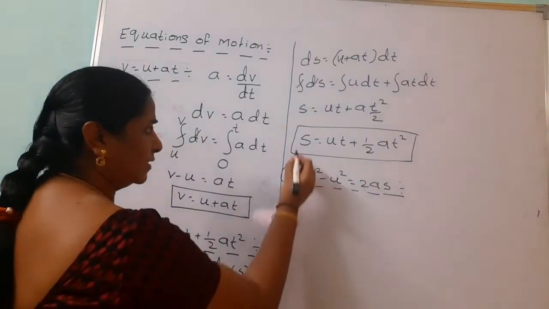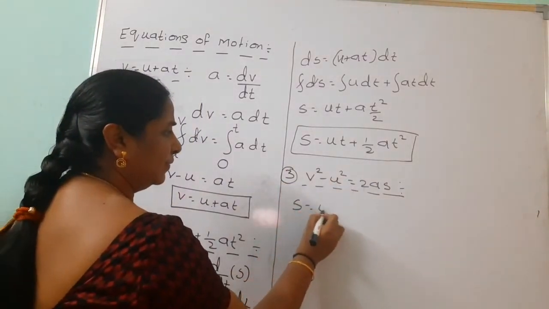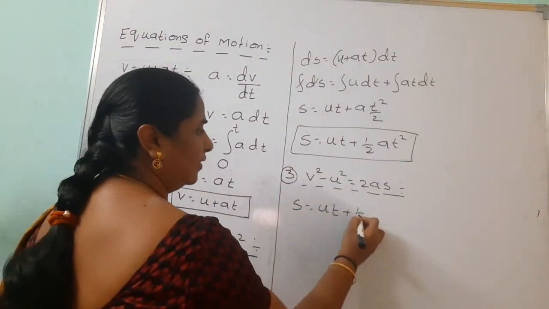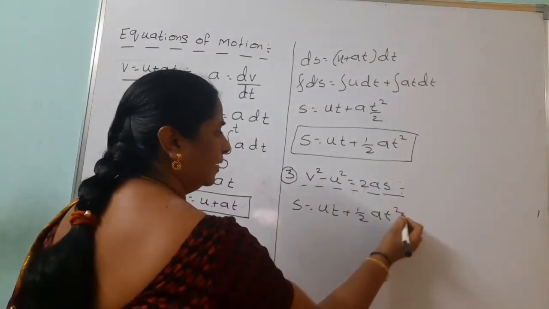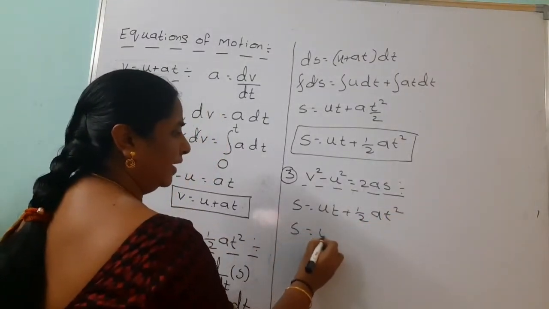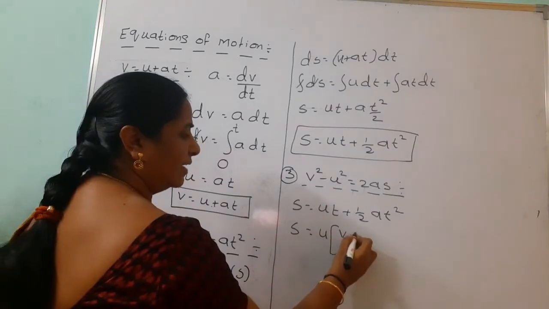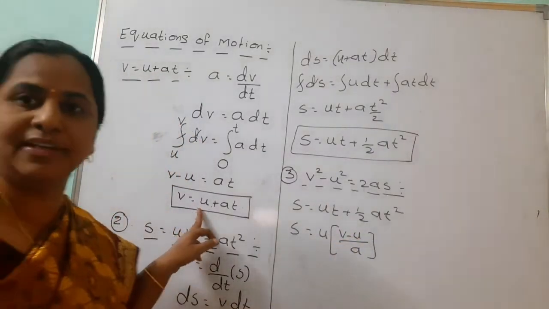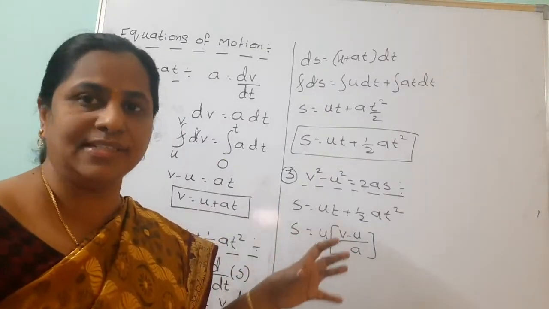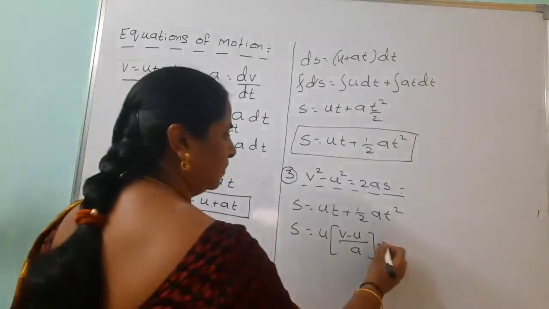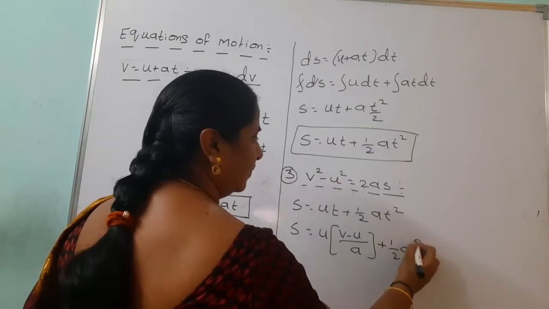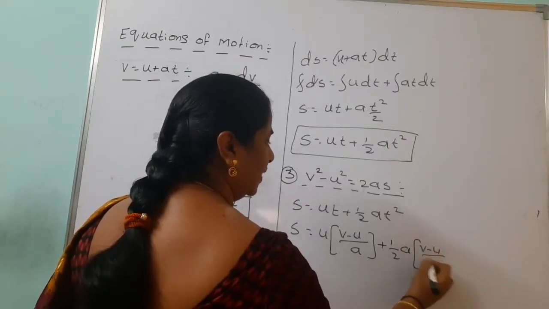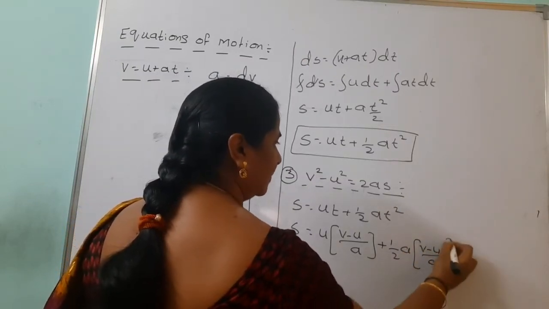Just now we know the expression s equals ut plus half at square. Instead of t we take change in velocity by acceleration, t equals (v minus u) by a, and from this expression we can take it: u into (v minus u) by a plus half a into ((v minus u) by a) square.